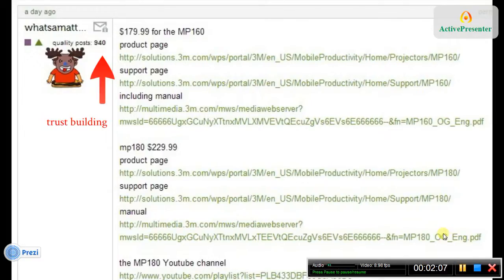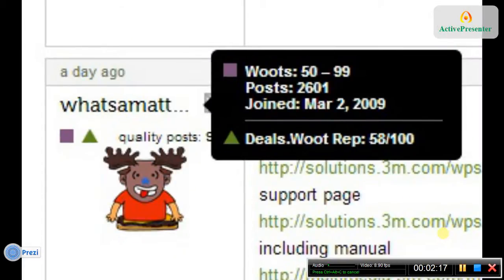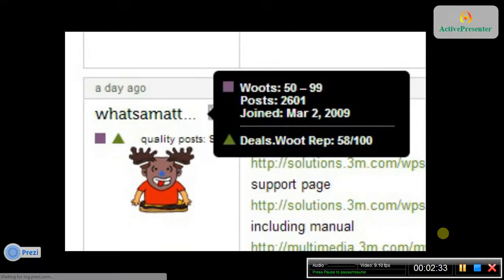Quality is assessed by the Woot administrators, and then quality posts are recorded for each individual member. Also, you can tell certain information about them, again how many products they've bought, how many posts they've made, and when they joined Woot, as well as their rep, their quality of posts per 100 posts. Where does this matter?